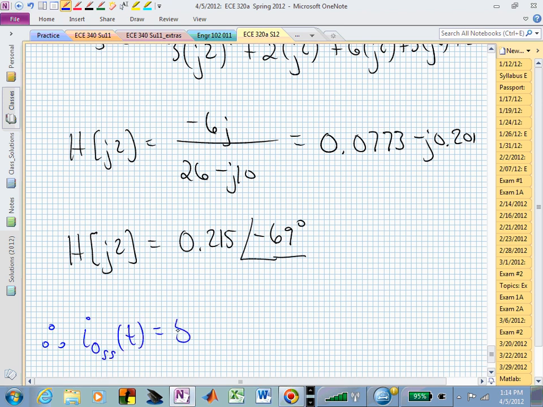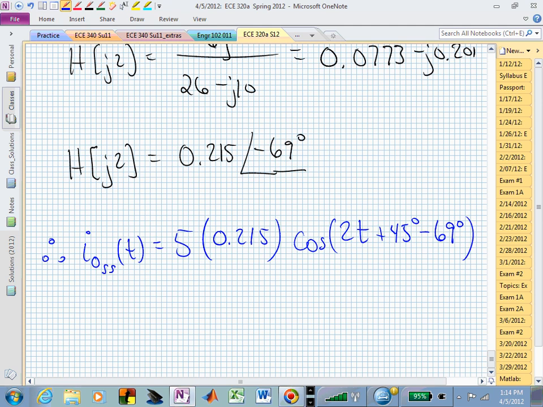And that says we have 5 times this magnitude of our h, which is basically 21.5% of what we started with in amplitude, cosine. We haven't changed the frequency. This is a linear system, so it's going to be shaking everywhere at 2 radians per second. We have a cosine of 2t. We started with a 45-degree offset, and now we're taking away from that original position 69 degrees.